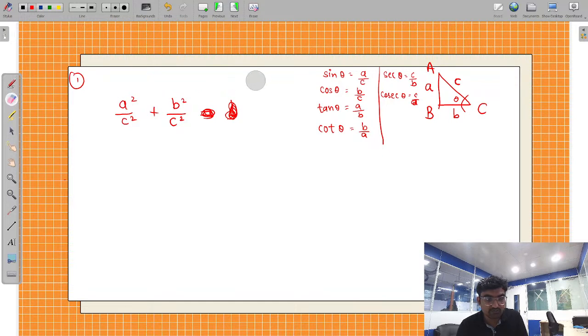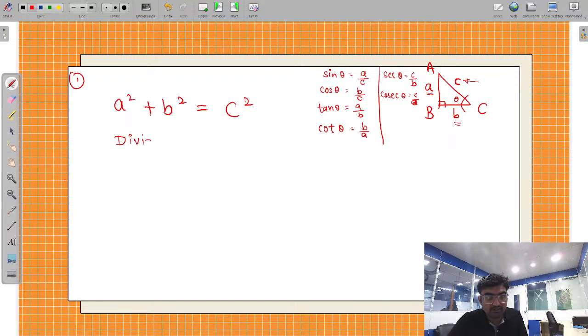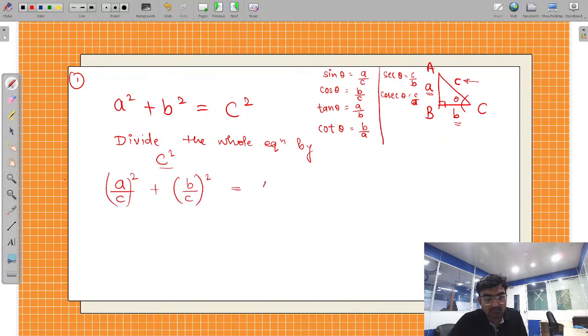Now let's say we are dividing the whole equation by C square. What will happen if I divide it by C square? A square by C square plus B square by C square equals C square by C square.